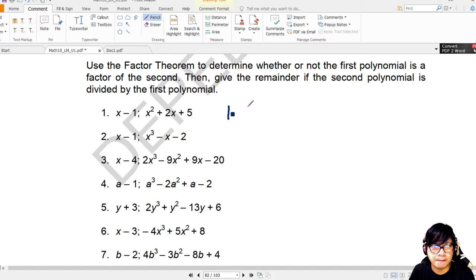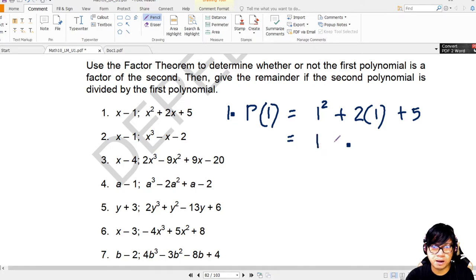So p of 1 is equal to 1 squared plus 2 times 1 plus 5. 1 squared is 1, plus 2 times 1 is 2, so plus 2 plus 5. 1 plus 2 plus 5 is 8.